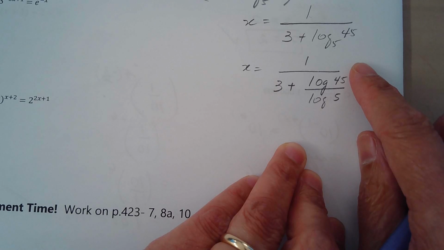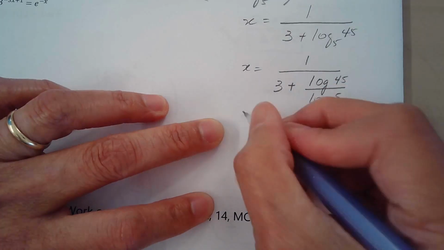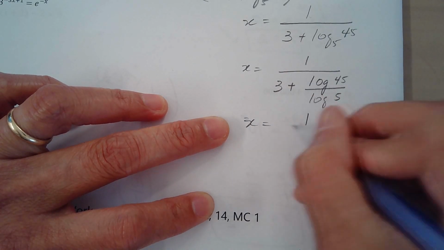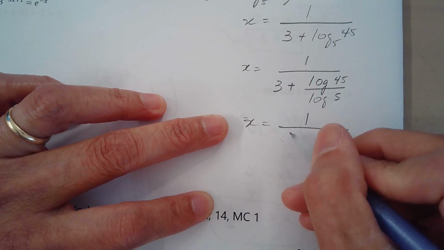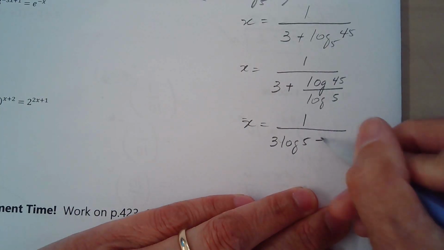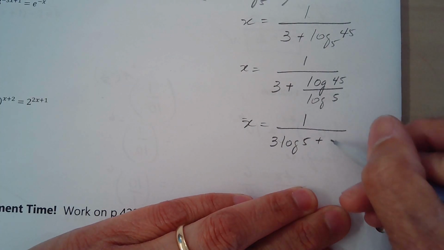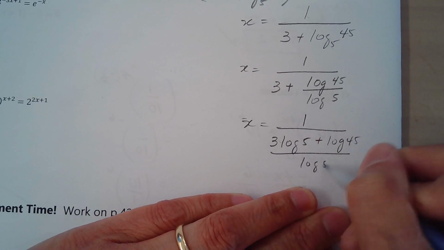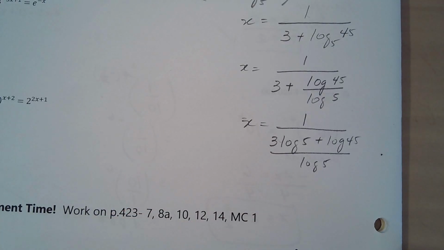We could go ahead and type that in if you want. Or you can say, this is going to be 1 over 3 plus log of 45 over log 5. Are you okay still?